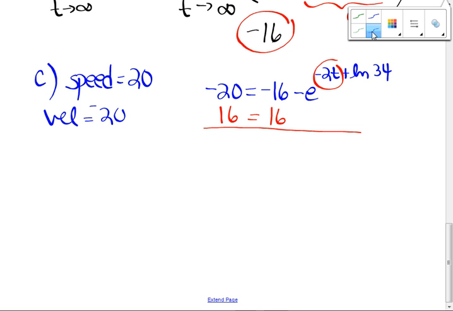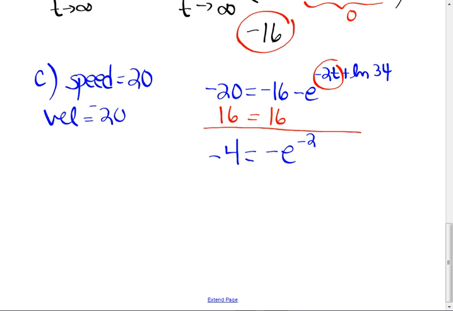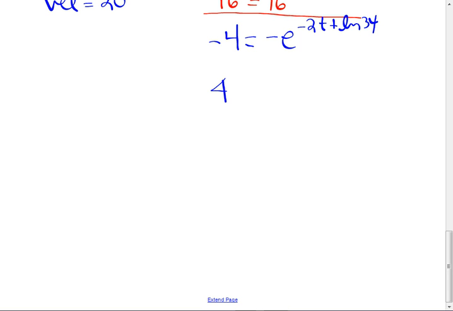It's negative 4. If you do a positive 20, you're going to run into a problem, because this is negative 4 equals negative e to this. If this were a positive 4, I have to log both sides. I have to log a negative, and that's not going to work. Okay? So I'm going to get 4 equals e to negative 2t plus the log of 34.